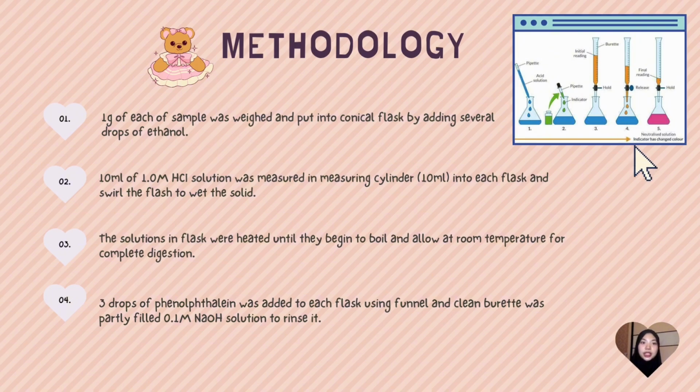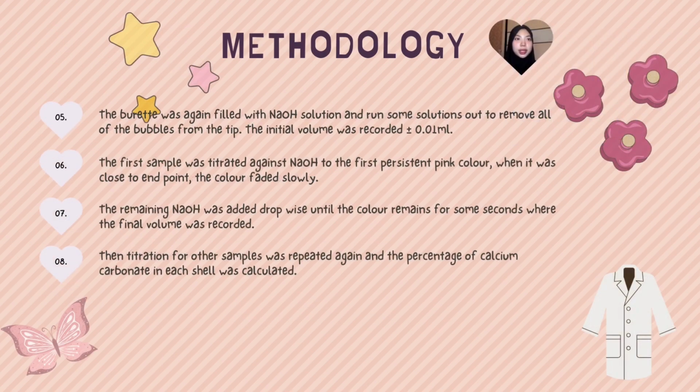Next, 3 drops of phenolphthalein were added to each flask, and a clean burette was partly rinsed using a funnel. For the next step, the burette was filled with NaOH solution and some solution was run out to remove all of the bubbles from the tip. The initial volume was recorded as 0.01 ml.